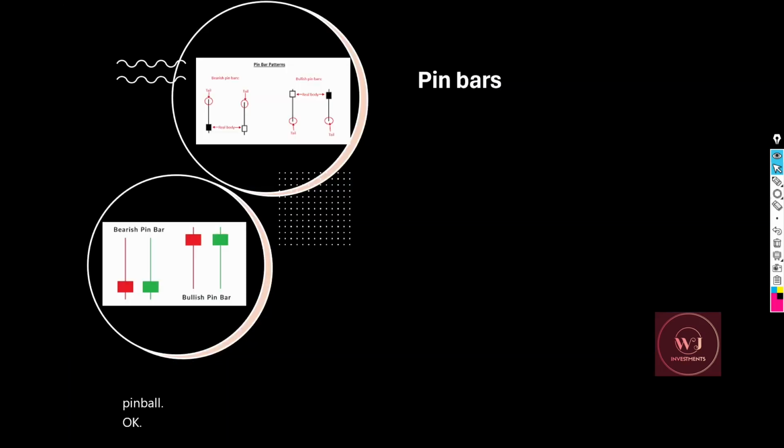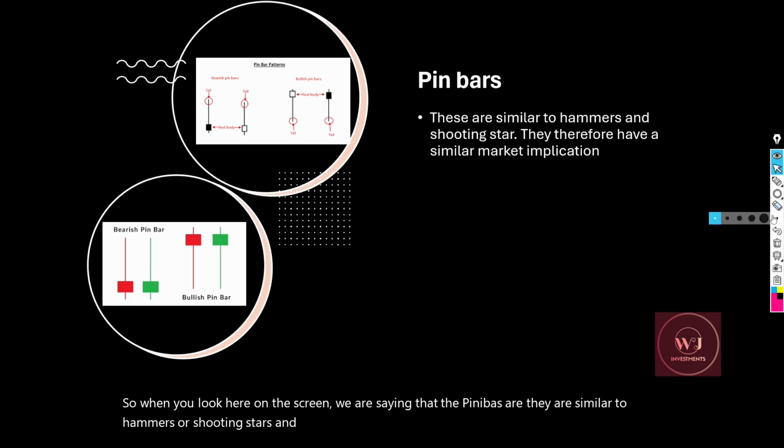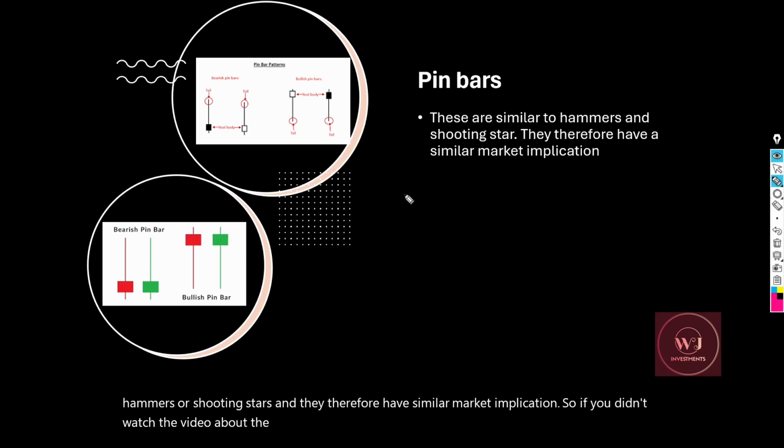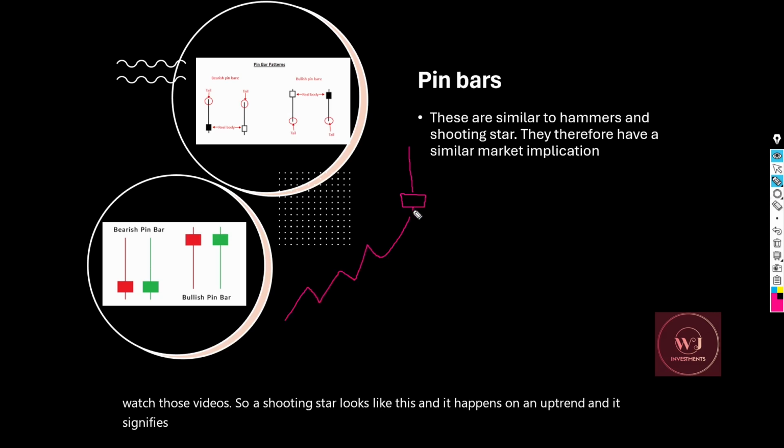When you look here on the screen, we are saying that pin bars are similar to hammers or shooting stars, and they therefore have similar market implications. If you didn't watch the video about shooting stars and hammers, I recommend that you go back and watch those videos. A shooting star looks like this, and it happens on an uptrend, and it signifies that we are going to get a reversal.